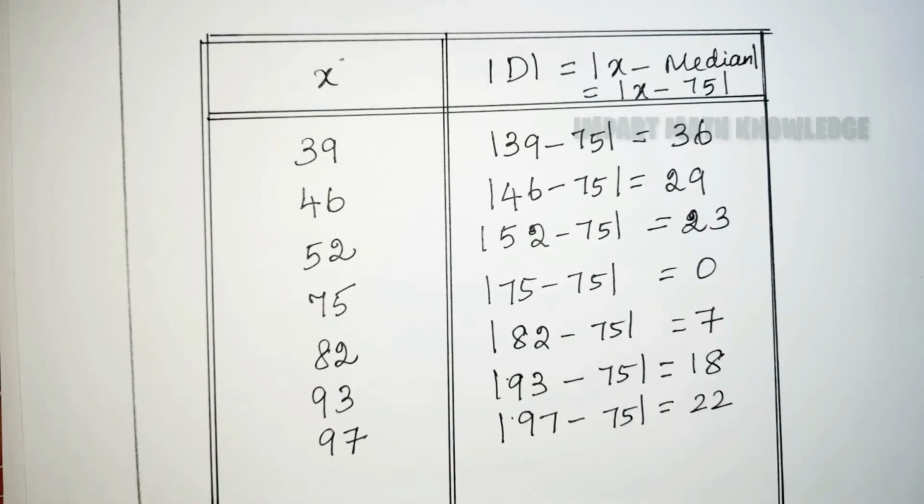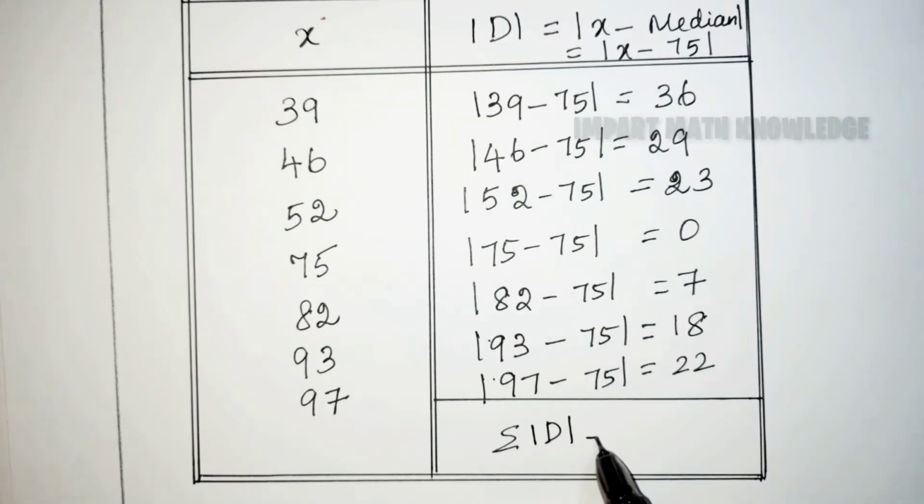After finding mod value, you have to take the total. This is equal to 135.